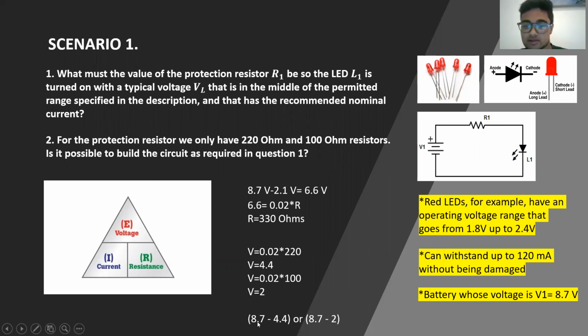So it's 8.7 minus 4.4 volts in the first case, which gave us 4.3 volts, which is available for this resistor. Also, 8.7 minus 2 gives us 6.7. So in either case, we can use the resistors in this circuit. So in few words, it is impossible to build this circuit.